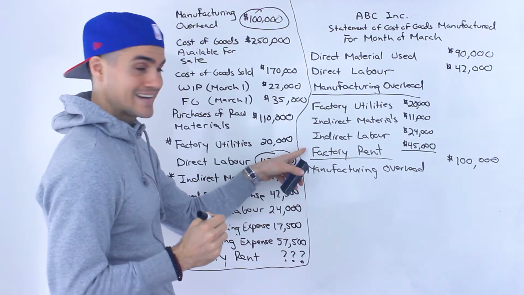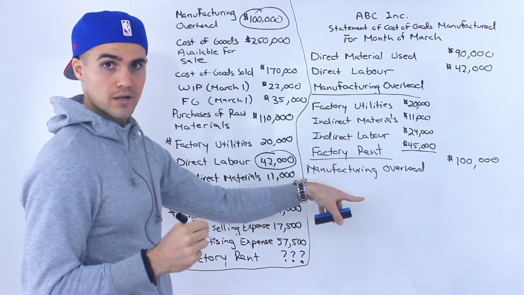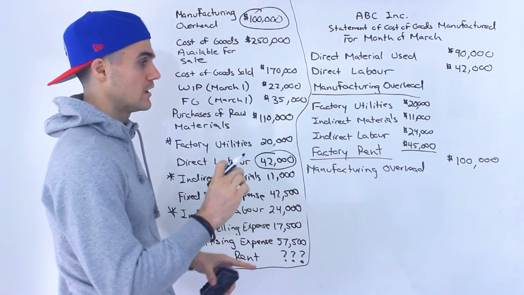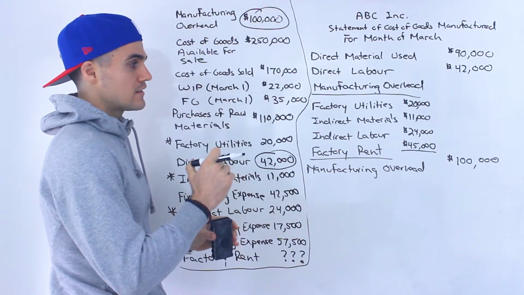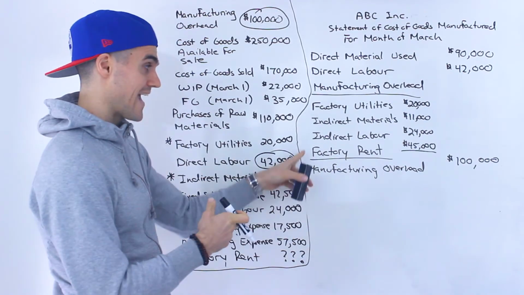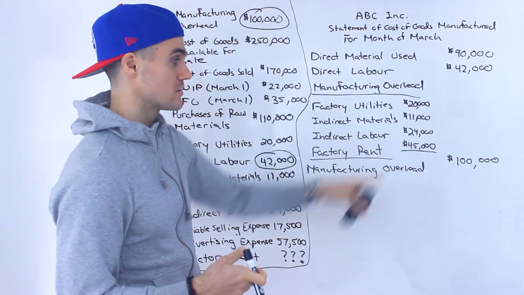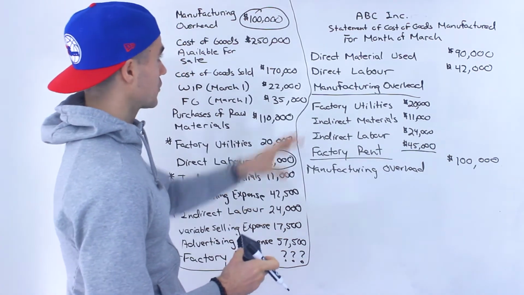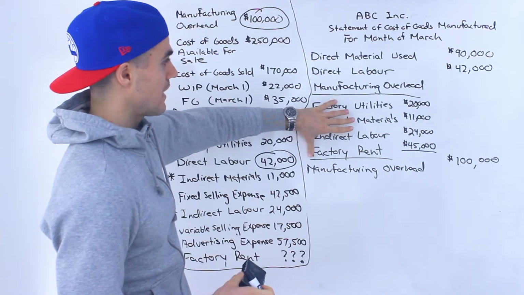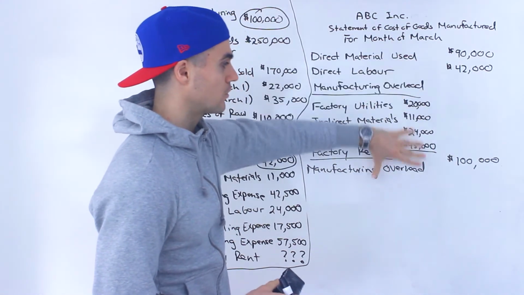And we're actually going to need this factory rent figure for questions 2 and 3. If you remember questions 2 and 3, they're asking what the average cost per unit is going to be for direct materials used and for the factory rent. So we're actually going to have to use this number, right? So when we're creating this statement of cost of goods manufactured, we needed this number just to fill out these categories here.